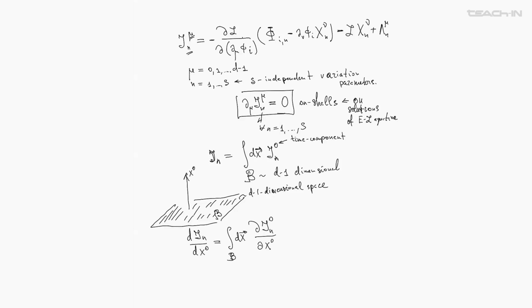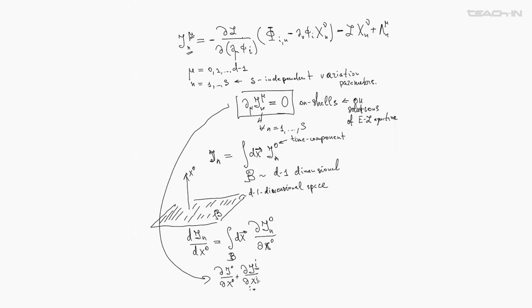But then from the conservation law, if I write it in terms of indices explicitly, it is dJ^0 over dx0 plus dJ^i over dx^i, where over i there is a summation and i runs over spatial indices 1 and so on up to d minus 1. And this must be equal to 0.